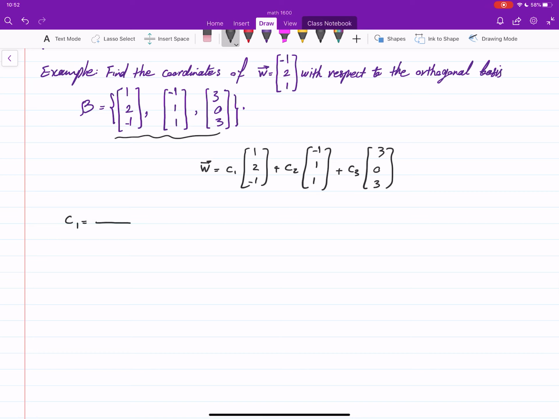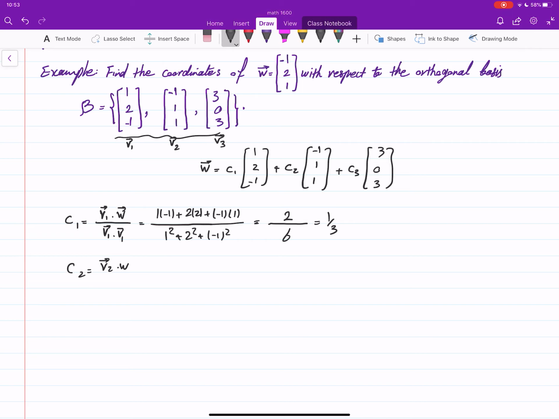C1 is going to be V1 dot W over V1 dot V1, where I'm calling these V1, V2, and V3. In this case, it is 1 times negative 1 plus 2 times 2 plus negative 1 times 1, over 1 squared plus 2 squared plus negative 1 squared, that's V1 dot V1. When you compute this, it will be 2 over 6, which is 1 over 3.